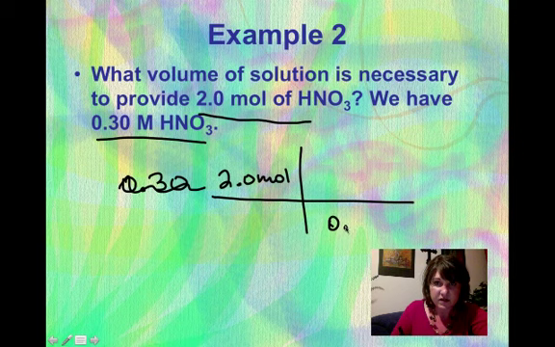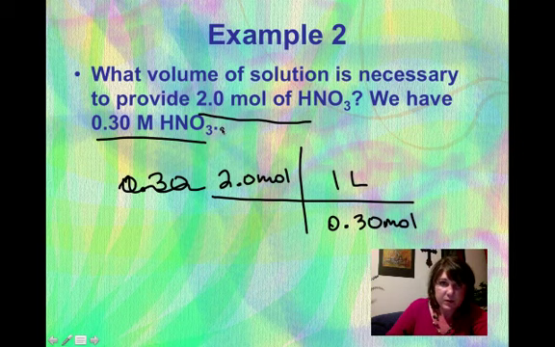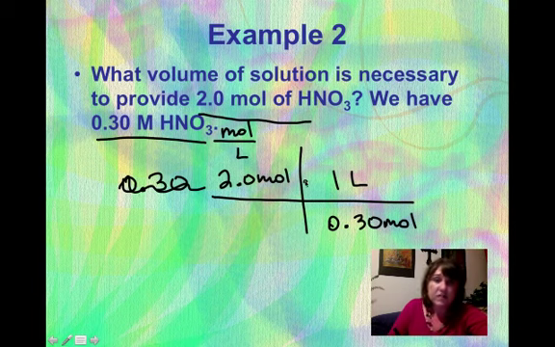I'm going to put this T table together so that moles cancels. So I put the moles on the bottom and liters on the top. Again, molarity is moles per liter. So where it's a capital M, I'm just translating that directly into moles over liters. Okay? So now I multiply across the top and divide by the bottom. So it's 2 divided by 0.3.